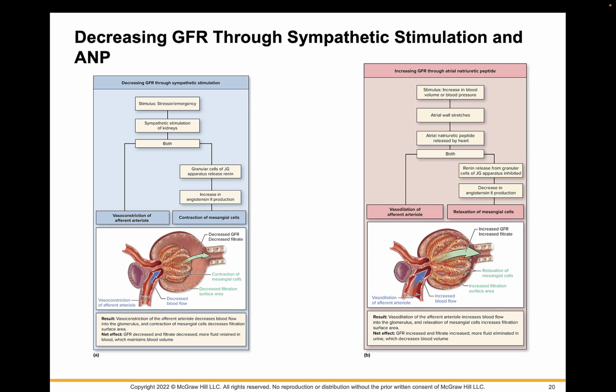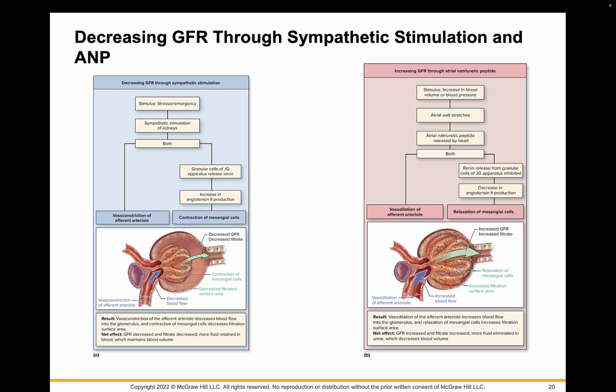The net result is vasoconstriction of the afferent arteriole, decreasing blood flow into the glomerulus, and the contraction of the mesangial cells is decreasing filtration surface area. The overall net effect is a decrease in glomerular filtration rate. There'll be a decrease in the amount of filtrate produced, and more fluid will be retained in blood, and that is going to result in a maintenance of blood volume, resulting in a stability or maintenance of blood pressure.